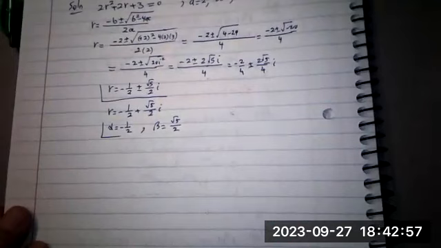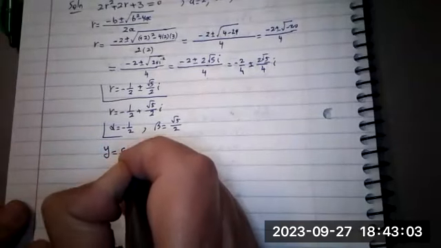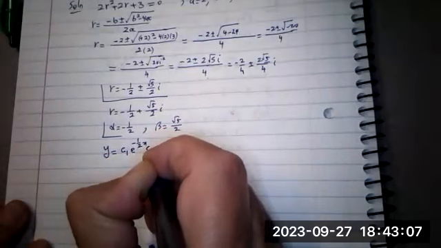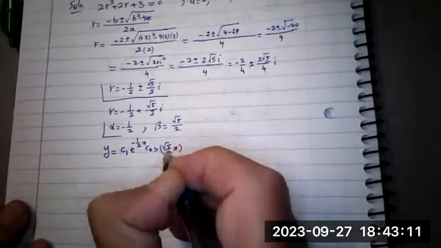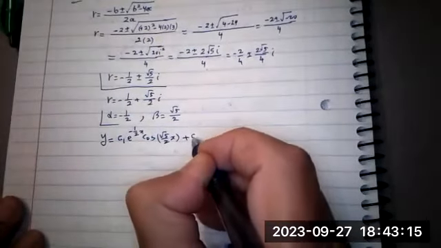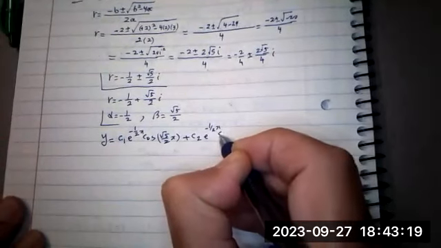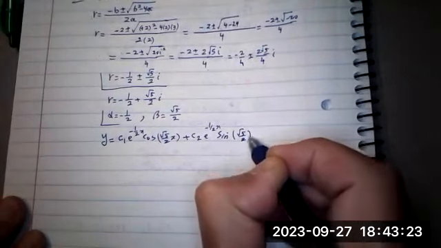Now we are ready to give you the solution right away. y equals C1 e to the negative 1/2 x cosine of radical 5/2 x, that's the first one, plus C2 e to the negative 1/2 x sine of radical 5/2 x.